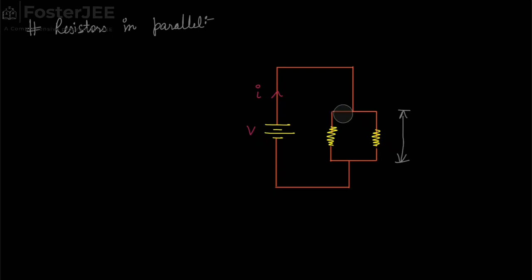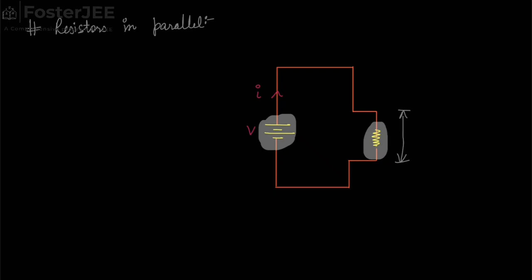Now forget about this part. We can see that this is a very simple circuit in which one battery is there and one resistor is there. So we will say that the potential across this resistor is nothing but V.